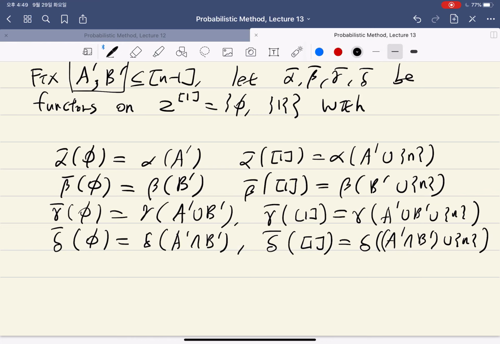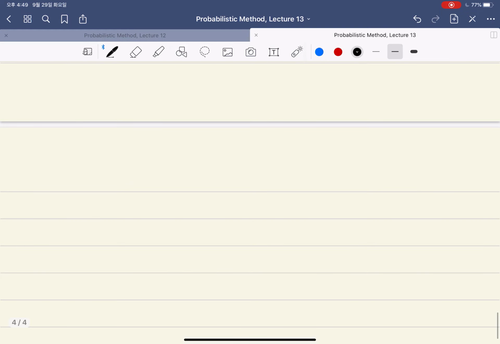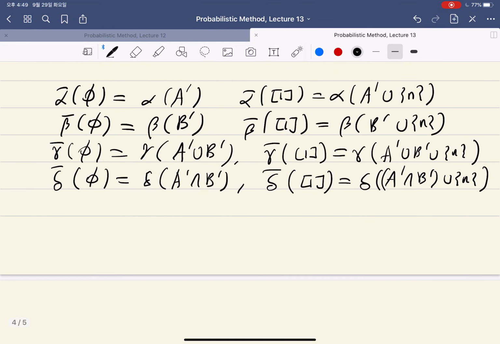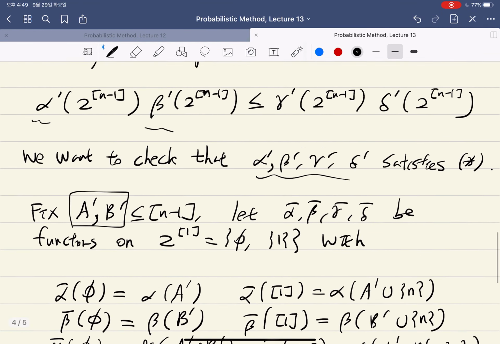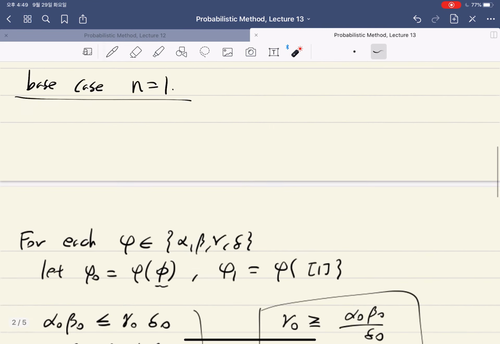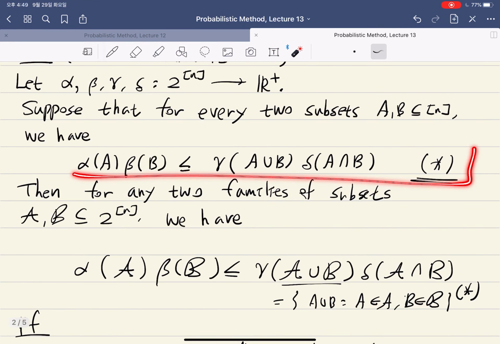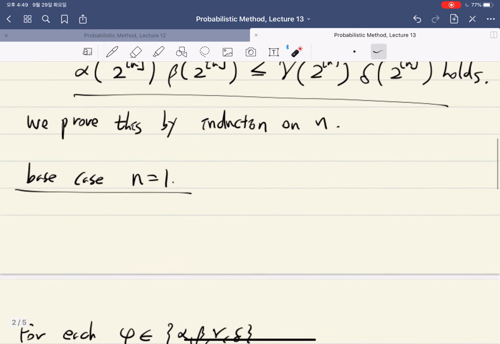So now for alpha bar, beta bar, gamma bar and delta bar, we want to check that these satisfy this condition when n is 1.